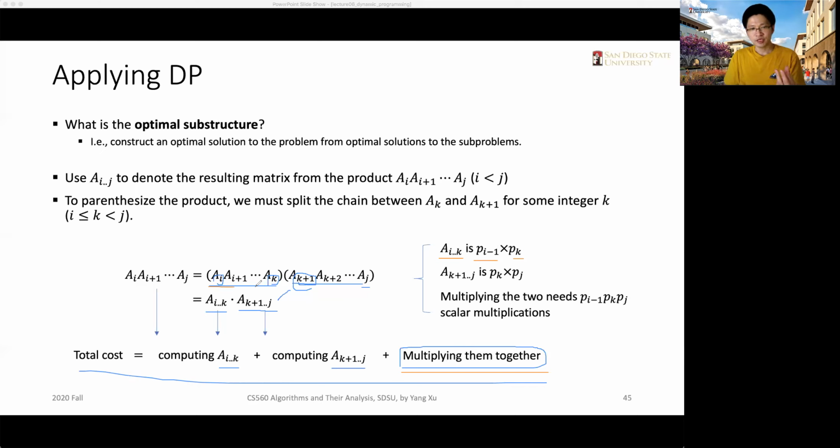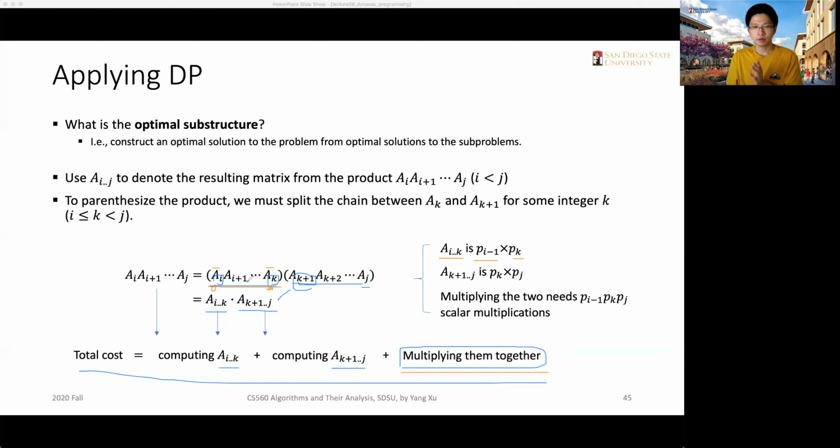For the left chain, the leftmost matrix is Ai and the rightmost is Ak. The dimension of the result is only determined by these two, because all the dimensions in the middle are eliminated by the rule of matrix multiplication.